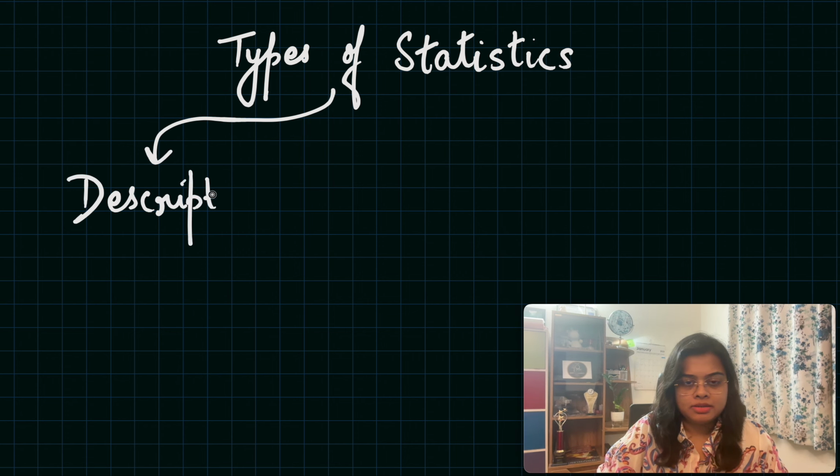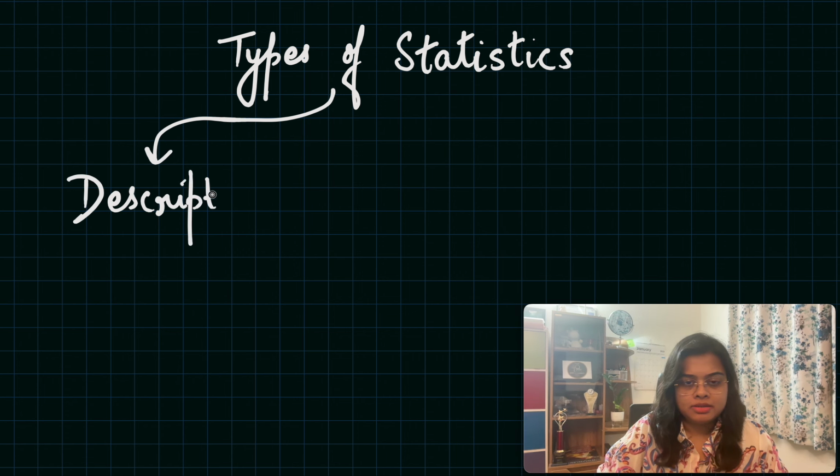If you have your entire data with you and you're summarizing, grouping and visualizing it, and even visualization is important over here, to get some insights or draw inferences or conclusions from the data, that is called descriptive statistics.